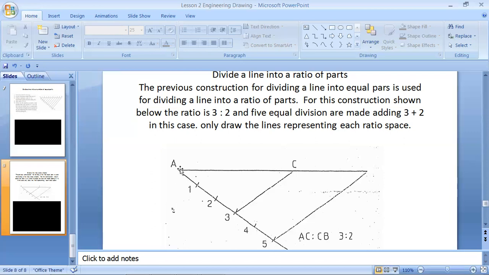Just put on the line AB, the horizontal line. Suppose the measurement is 100 millimeter. Don't put 100, because somebody might say 20, 20, 20, or 25, 25, 25.